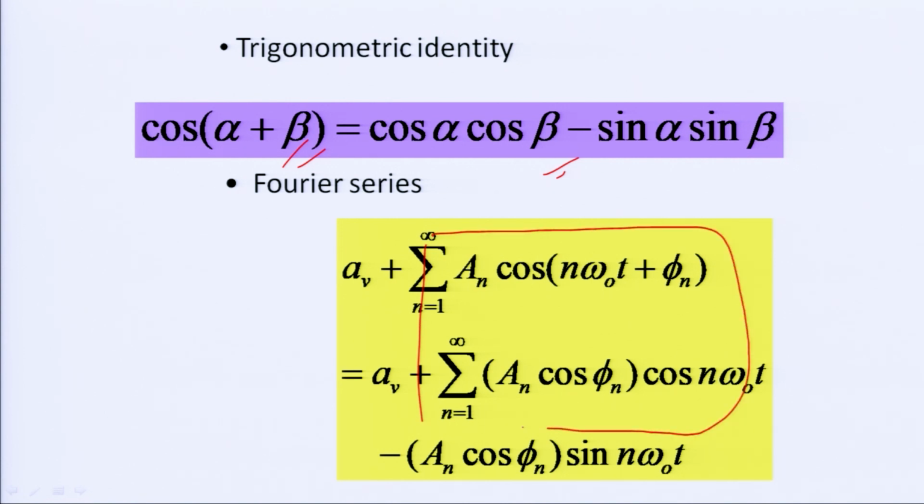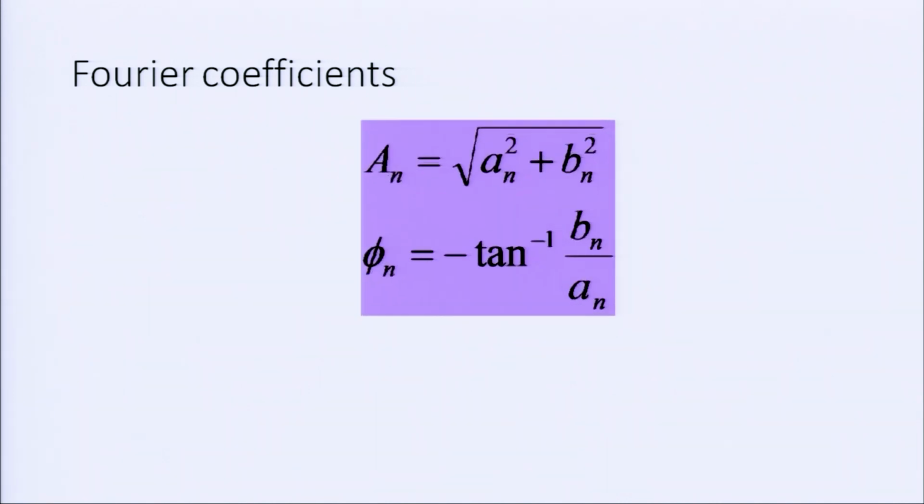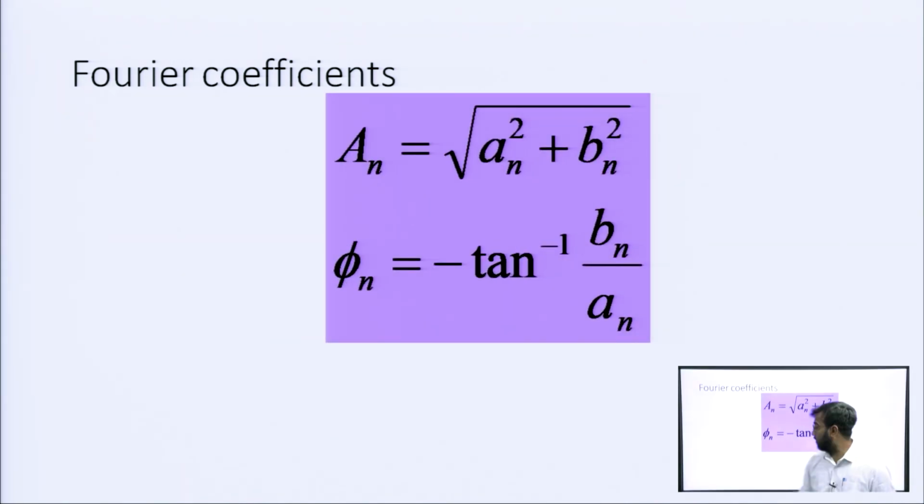We can represent our function f(t) in this form as well. Okay. So, how can we write this? We will divide and multiply with a value and we will get this form. And how will we find the value of phi n? The value of phi n will be tan inverse of B by A. So, this is one relation.